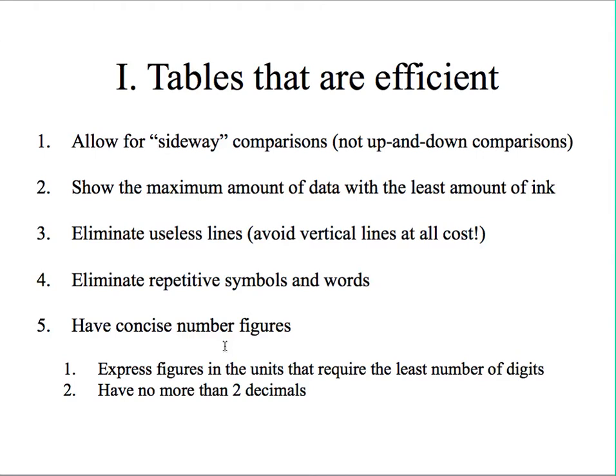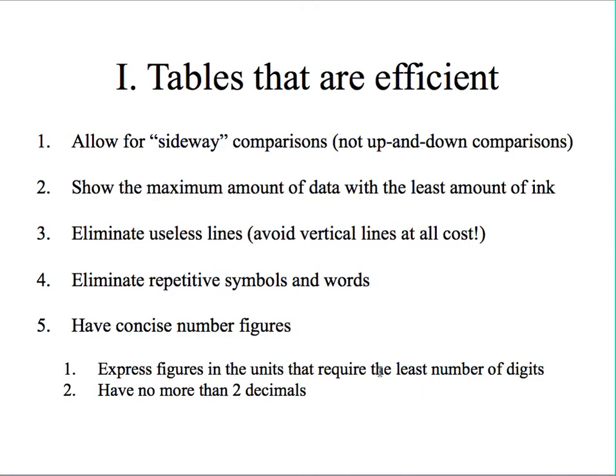To do this, you eliminate useless lines, right? Avoid vertical lines; they should never go in a table. Eliminate repetitive symbols in words, and have concise numbers. For example, if you're presenting dollars and you're using millions of dollars, consider changing the units to millions of dollars, not dollars, right?